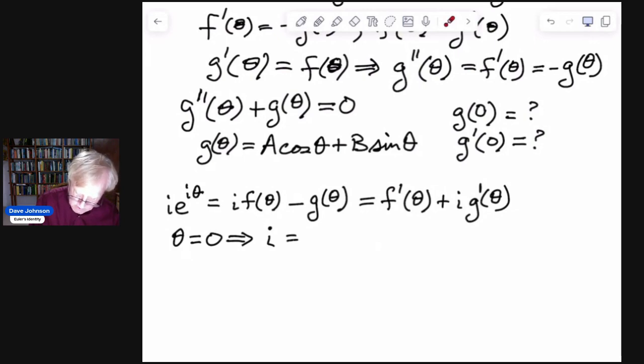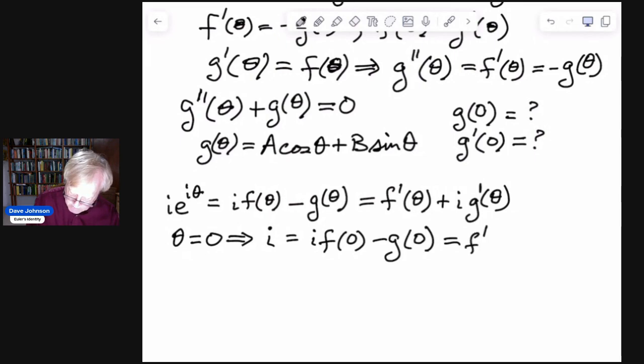And then in this middle section of the equation, we're going to get I times f of 0 minus g of 0. And if we go to the right side of the equation, we get f prime of 0 plus I times g prime of 0.